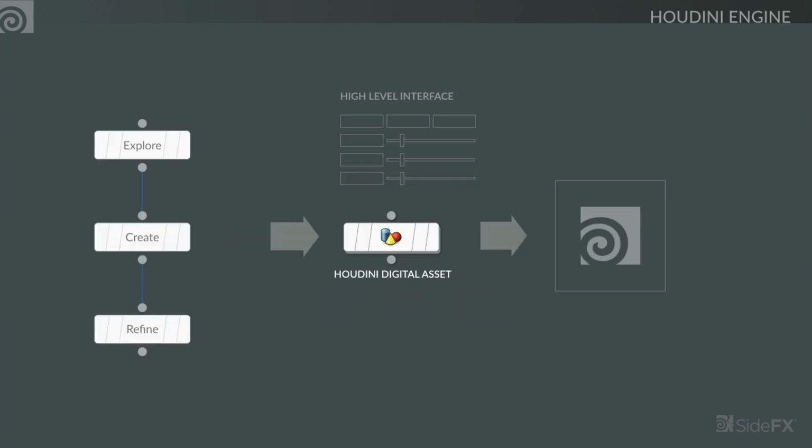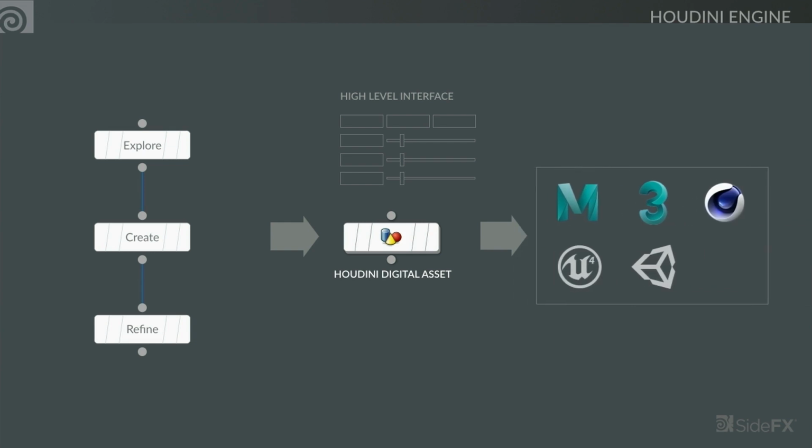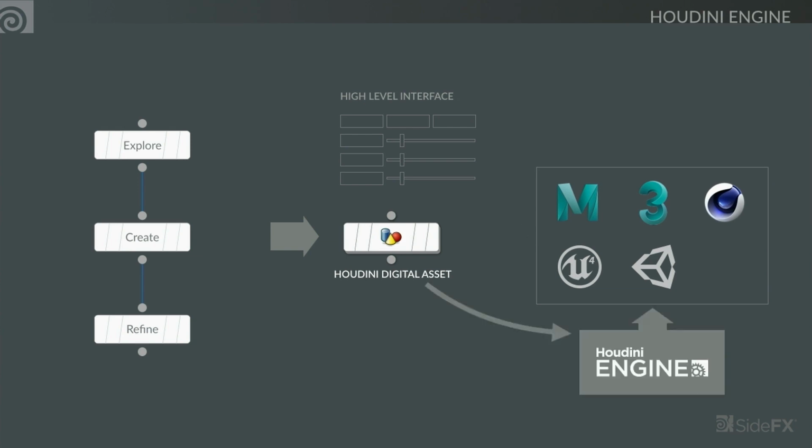So we left this diagram a while ago where we had our networks, making an asset, feeding into Houdini. Well, customers came along and said, but we want to use those same assets in other applications. Is that possible? Well, by default, no, because you need Houdini to make that possible. So we created something called Houdini Engine. Houdini Engine can be plugged into these host applications, and that allows a Houdini digital asset to get processed and delivered to the host application.